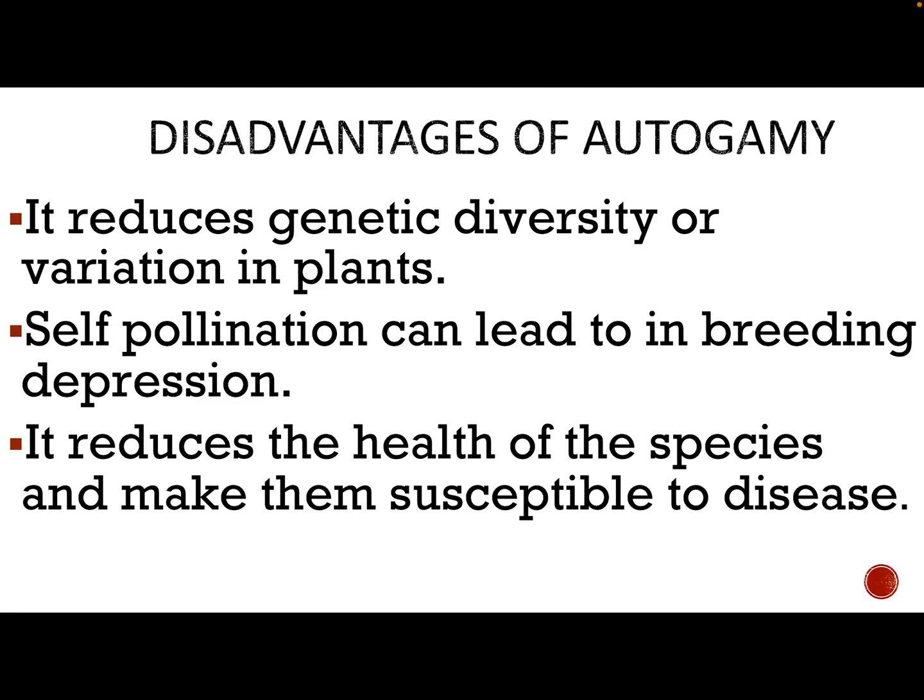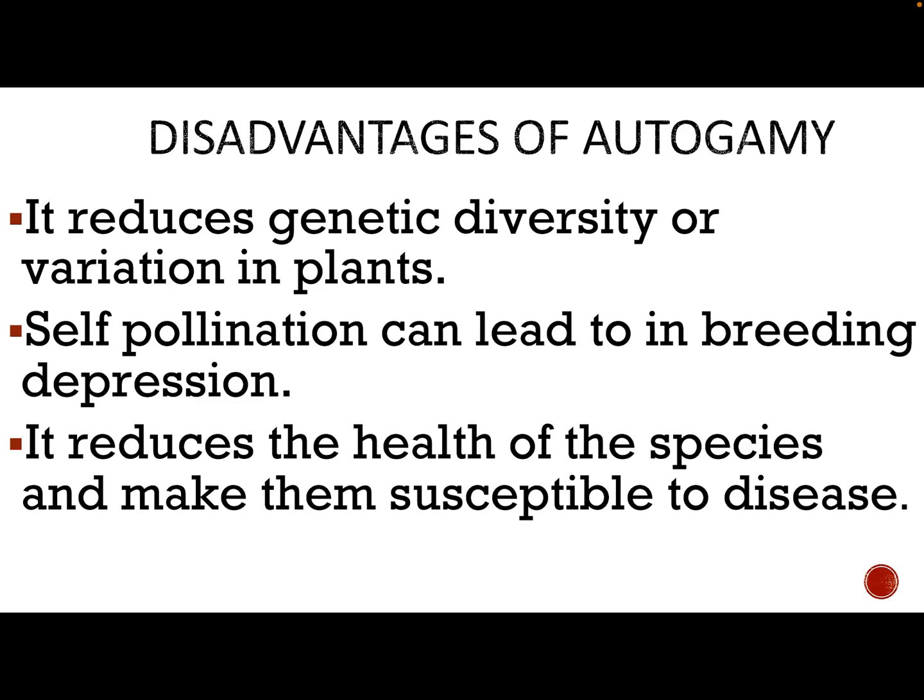It is one species, but there will be variation in plant size, plant height and seeds. But in self-pollinating plants, you will not find that variation. The progeny or next generation will be the same as their parents. So autogamy or self-pollination will reduce the genetic diversity.